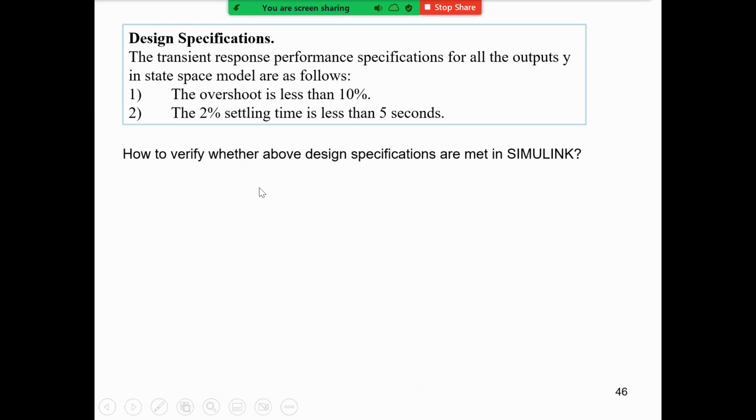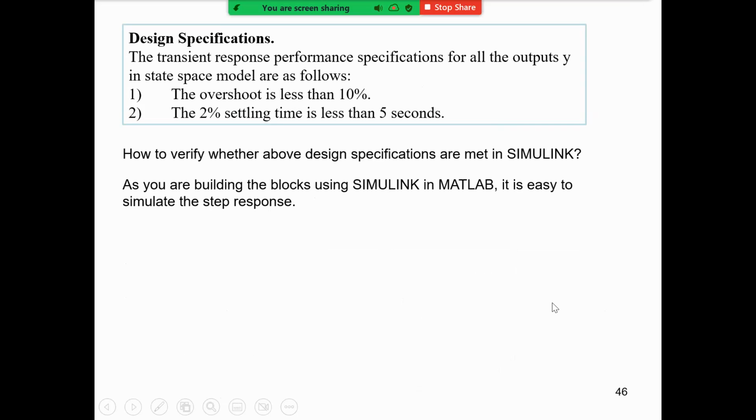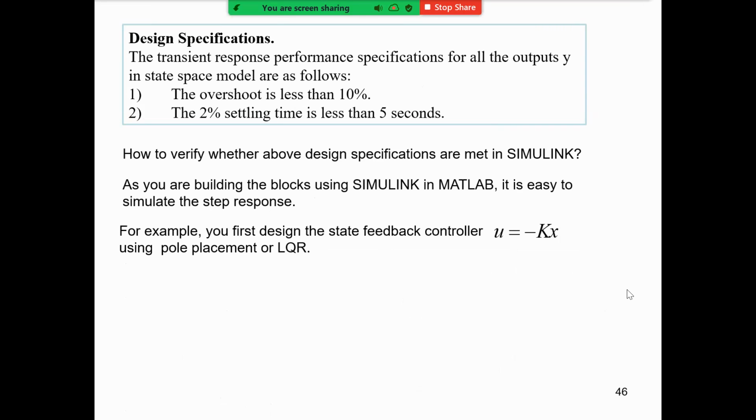Now, how to verify whether those specifications are met in Simulink? Since you are building the blocks with Simulink in MATLAB, it's easy to simulate the step response. For example, you first design the state feedback controller, u equals minus kx, and you design your k using pole placement or LQR.